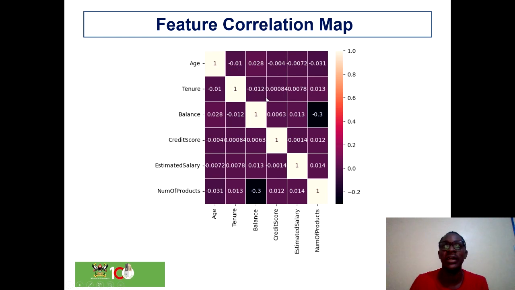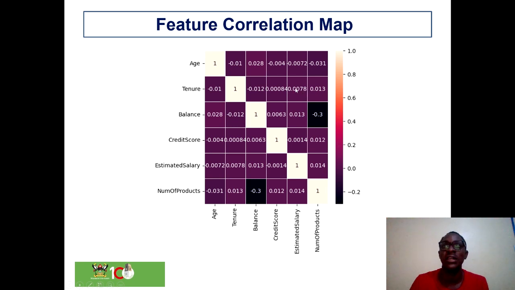And then we complemented that by visualizing the correlation maps. We can see that these features are almost only correlating with themselves, and the correlation scores when we compare them with other features are relatively low.